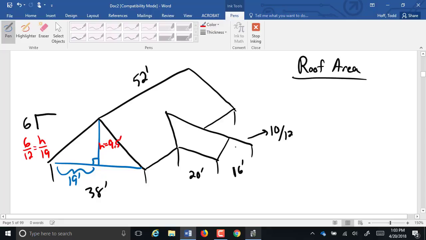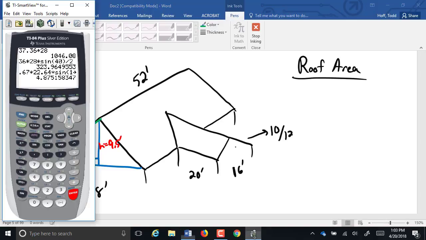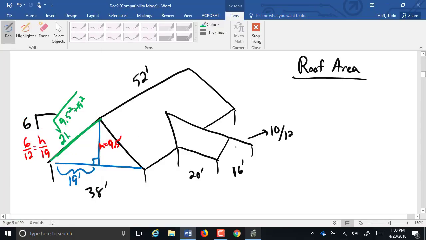So it's 9.5 feet of height. And then, so square root of 9.5 squared plus 19 squared gives us 21.24 feet.